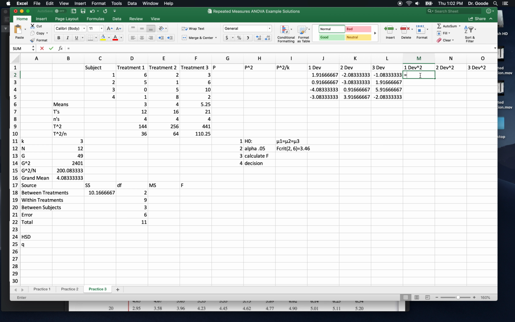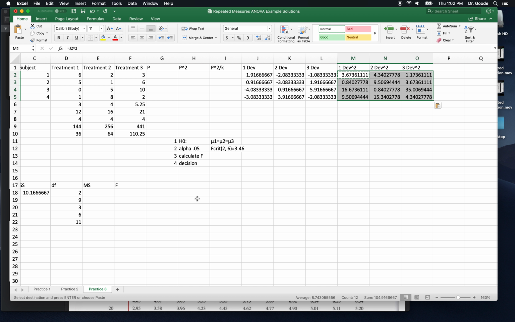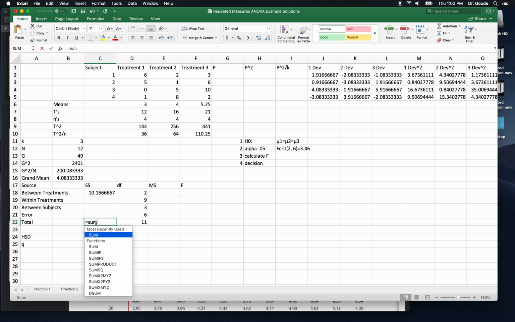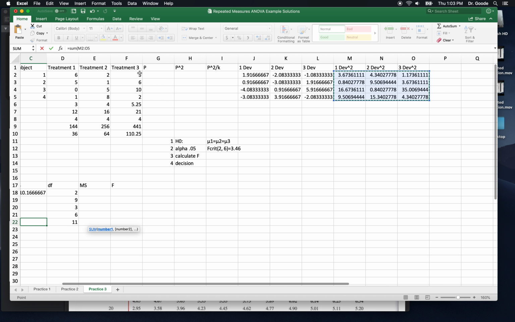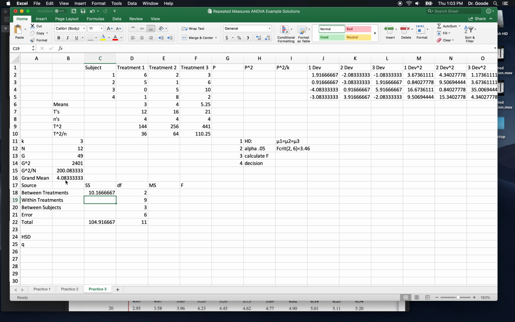And then we're going to square those deviations. And then we copy and paste that formula to get all of the squared deviations from the mean. And that's total sum of squares. Now we can get within treatments sum of squares by subtraction, which is total minus between treatments.